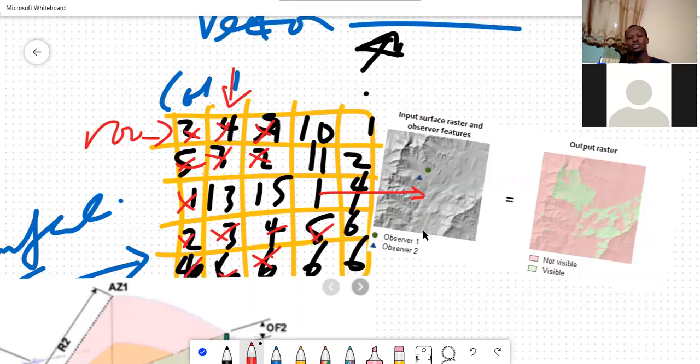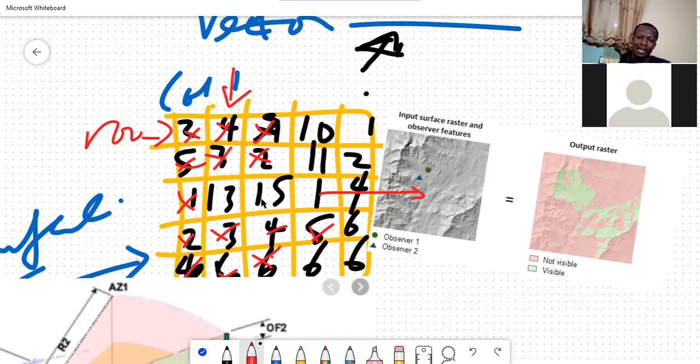So don't mix up vector and raster. In the vector representation, elevation is via spot height. Have you heard of spot height? Yes, please. Spot height is what you find on a map, site plan, engineering drawing. So that one is vector.